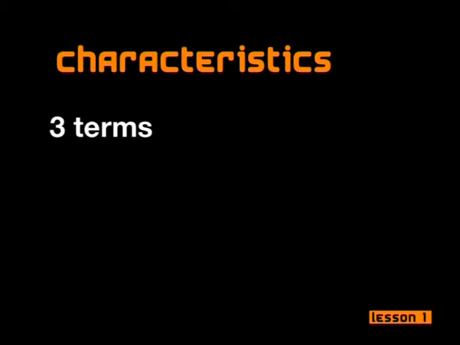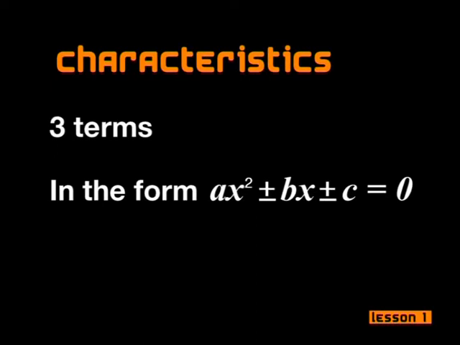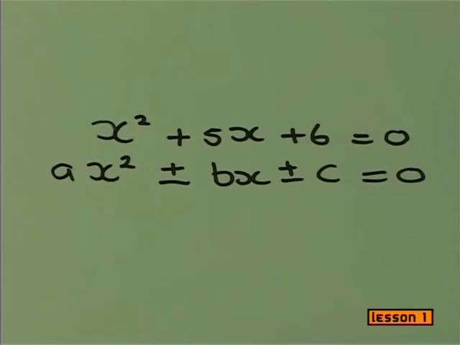Well, you just need to know what characteristics to look for. Firstly, quadratic equations always have three terms, and the equation is in the form of ax squared plus or minus bx plus or minus c equal to 0. In this example, we can clearly see that there are three terms.